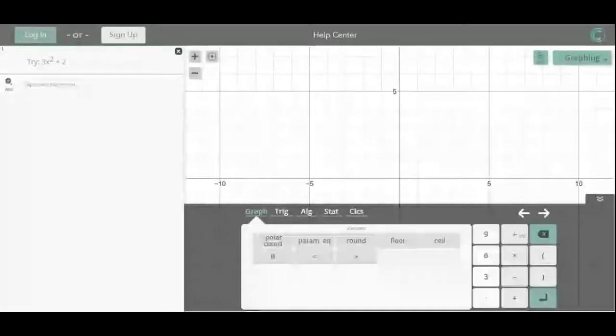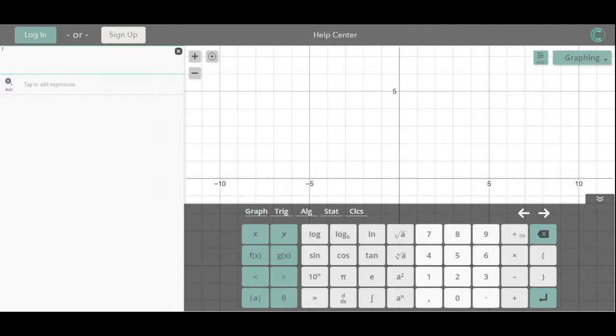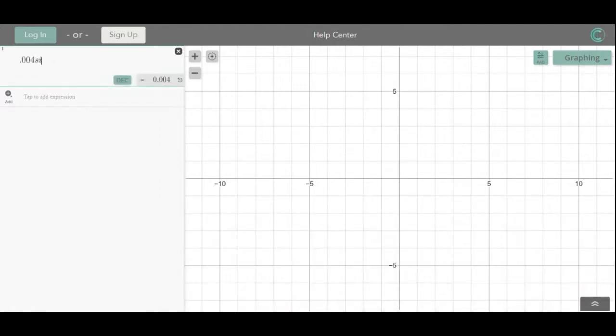All right, so let's type in the equation. We have 0.004 sine of 300 pi x.